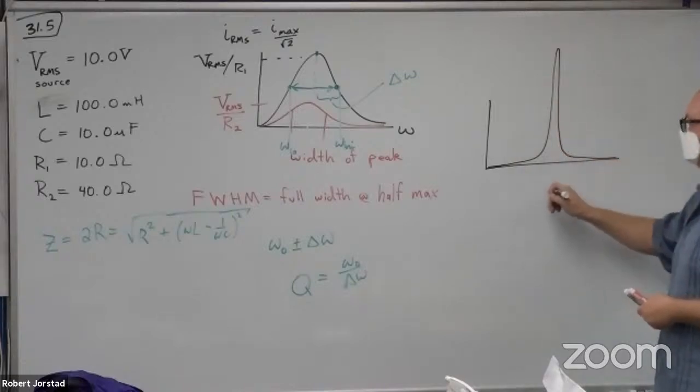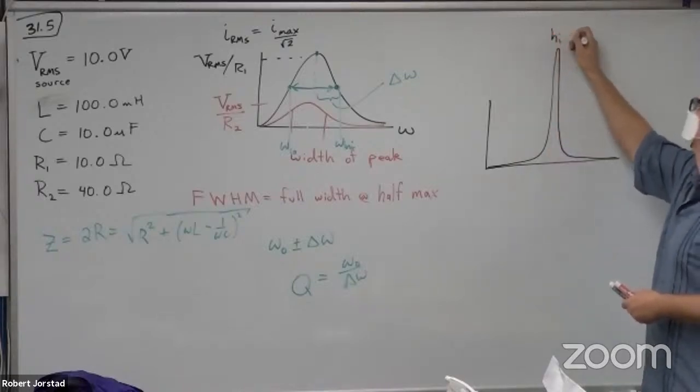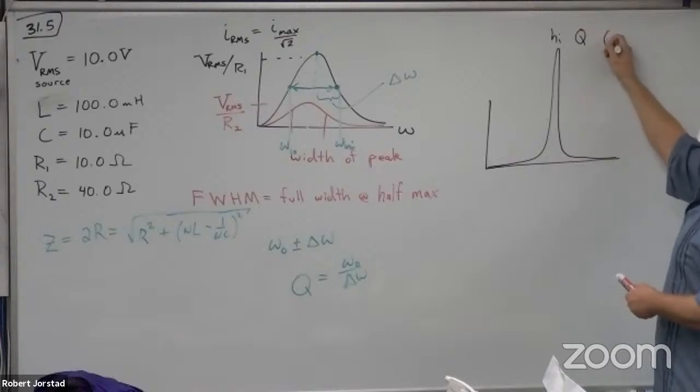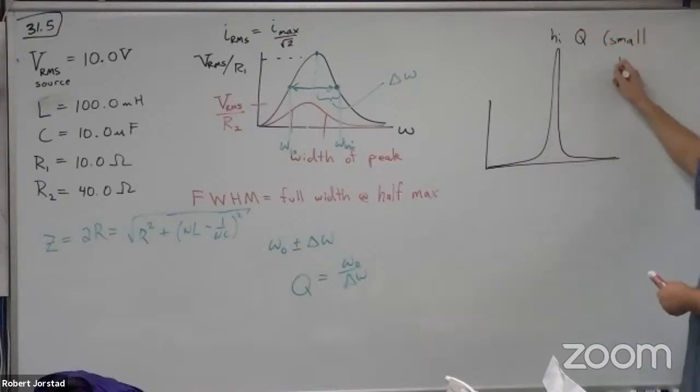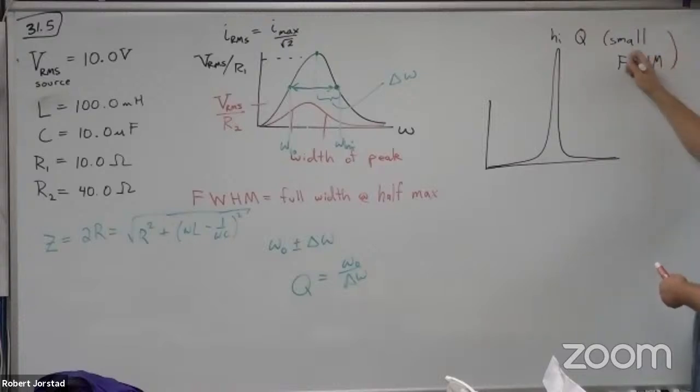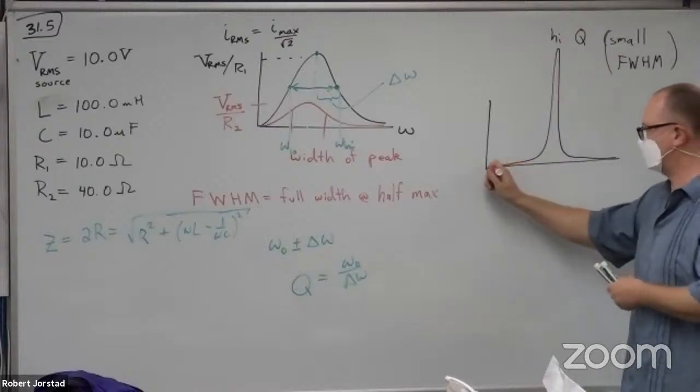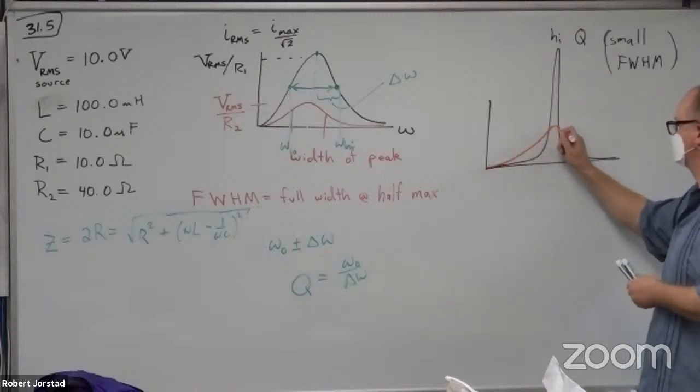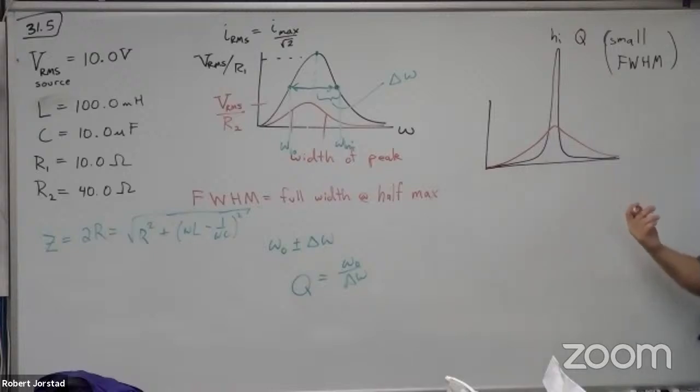This would be a high Q circuit, or small full width at half max. If you have a small FWHM, you have a high Q circuit. The more resistance you add, right? The peak gets broad, okay? This is called a low Q circuit, or it's wide. Short and wide.